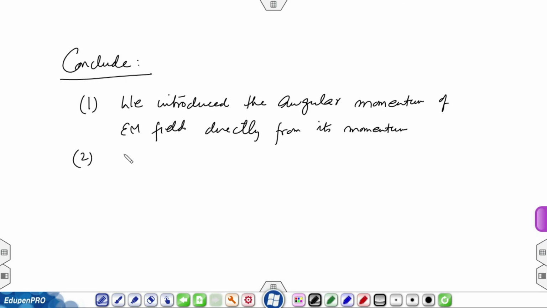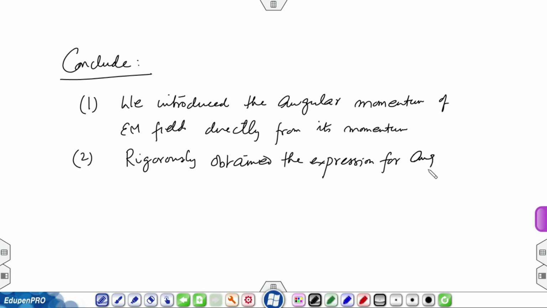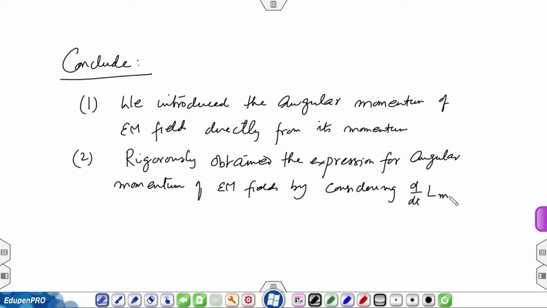Then 2, we rigorously obtained the expression for angular momentum of EM fields by considering d by dt of L mechanical of a system of charges in a volume.